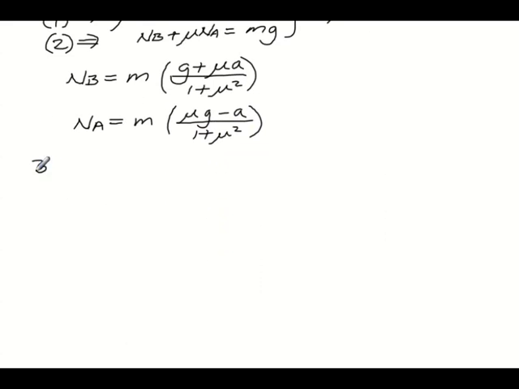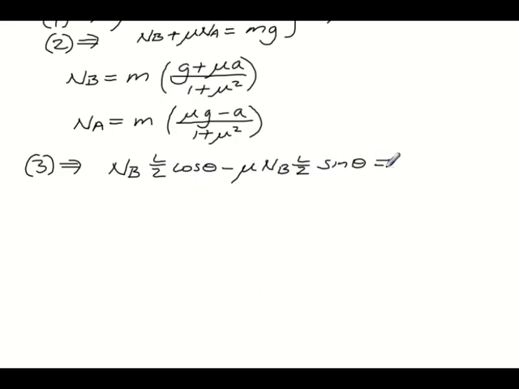Put those into equation 3. Well, not yet. What I'm going to do for equation 3 is put my NBs on the same side and set F equal to mu N. So this is NB L over 2 cosine theta minus mu NB L over 2 sine theta.